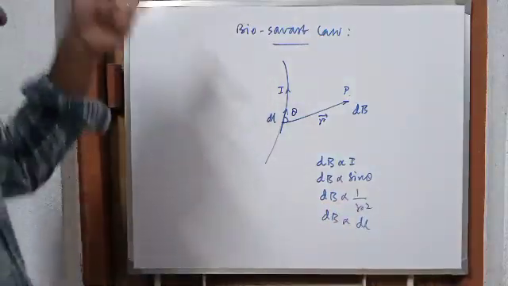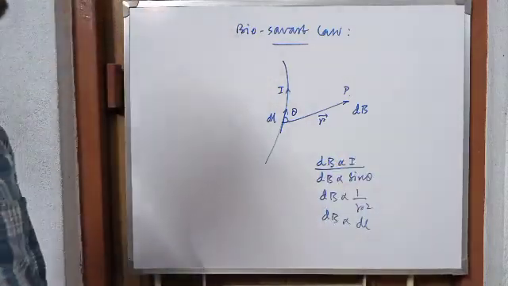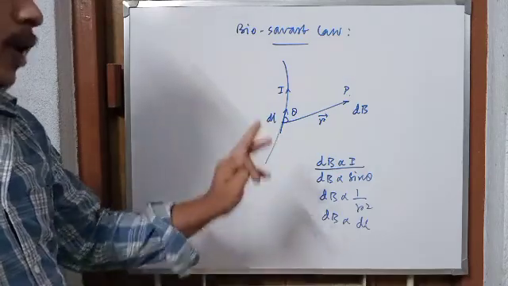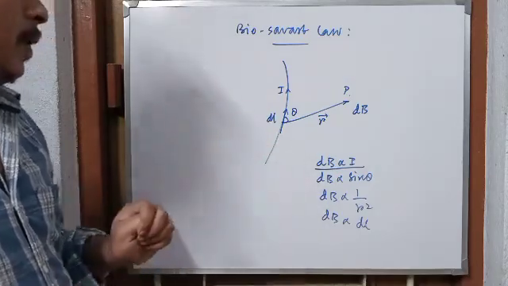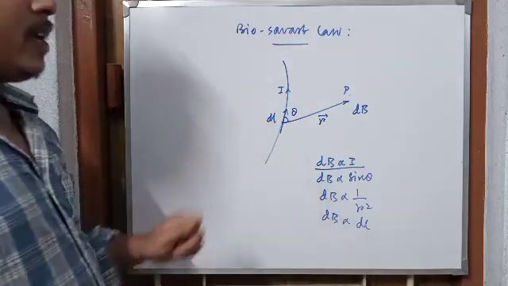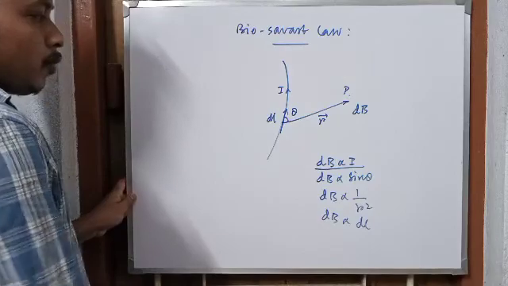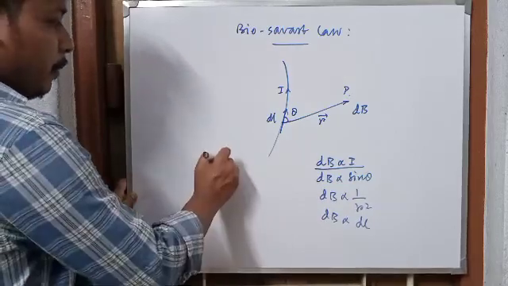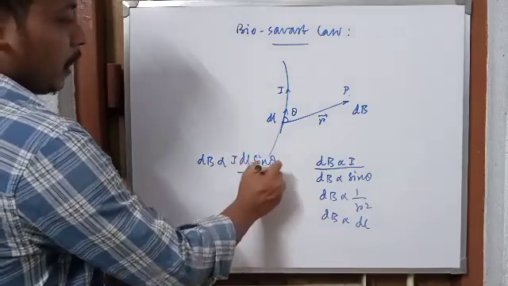Magnetic field created at the point P is proportional to I, proportional to sine theta, inversely proportional to the square of the distance, and proportional to dl. Combining these four proportionalities, we can write dB proportional to I dl sine theta by r square.